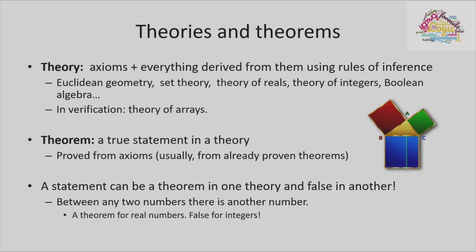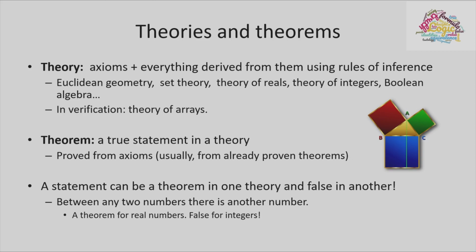So one thing about theorems and theories is that something that is true, a theorem in one theory, can be completely false in another, even if they're talking about similar things. So here is an example. Suppose I say that between any two numbers there is always another number. Is it true? Is it false? Well, if you're talking about real numbers, then it's easily true.